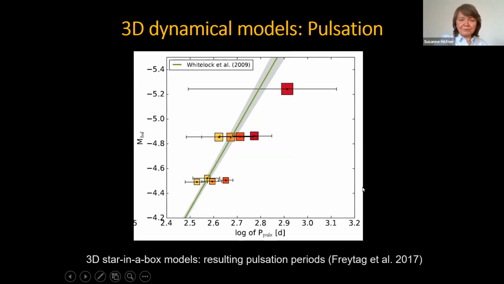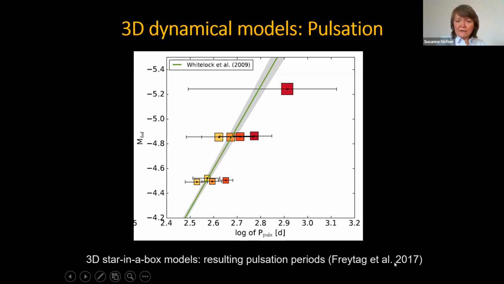So if you do this for a number of models with different parameters, you can plot the resulting periods against luminosity, as is done for observations, for instance. So the line here would be an observed period-luminosity relation for Mira stars, and the colored symbols here are models.